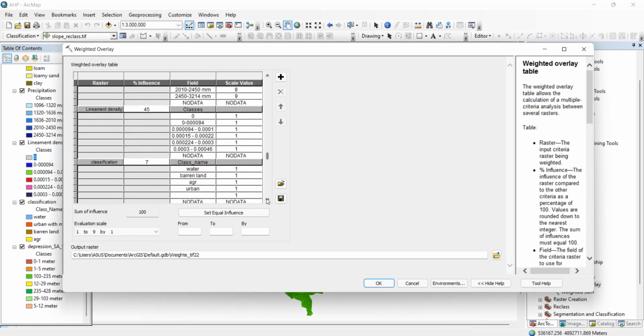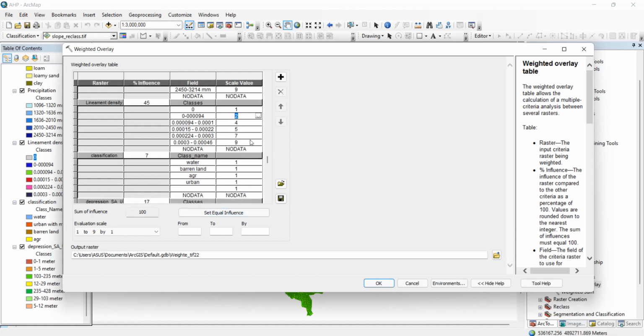So lineaments. The highest density is 9. This one, let's say it's 7. This one is 5. Again, it depends on your experience and literature review in the study area.